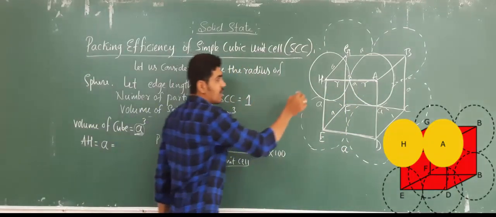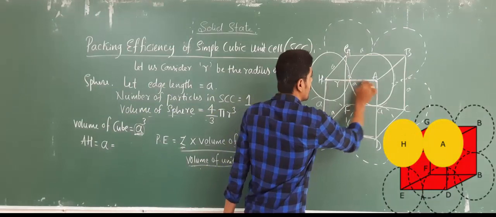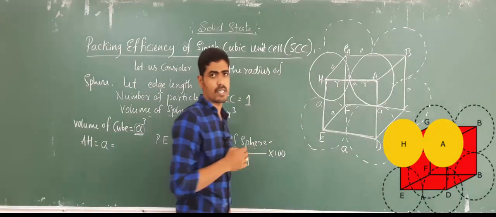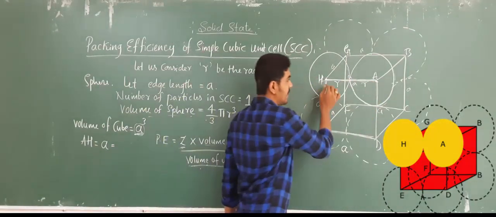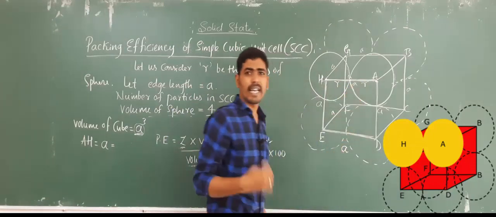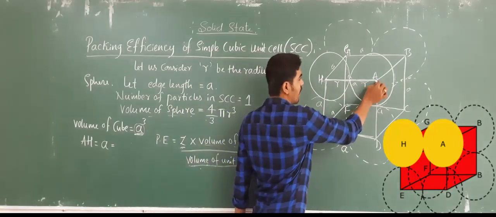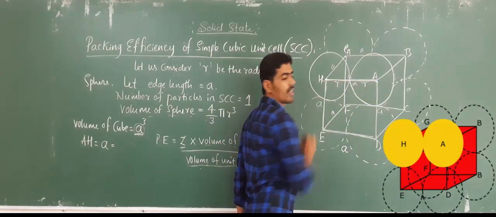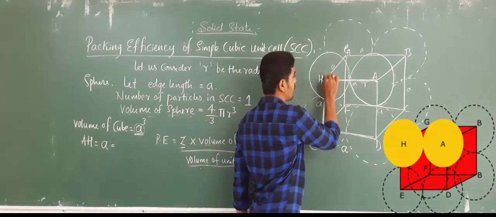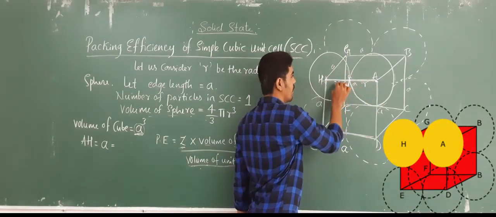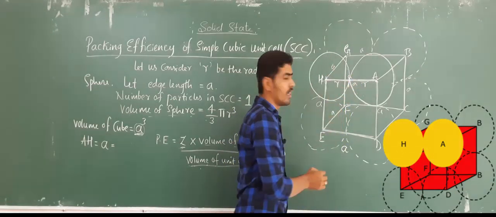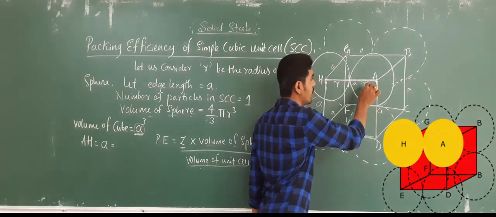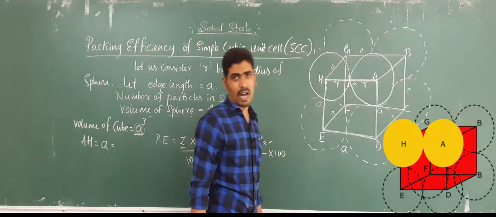Now I will split this AH in two parts. That means instead of writing A, I will write R plus R, because from this point to this point, what is the length? R, and from this point to this point, the length will be R only.